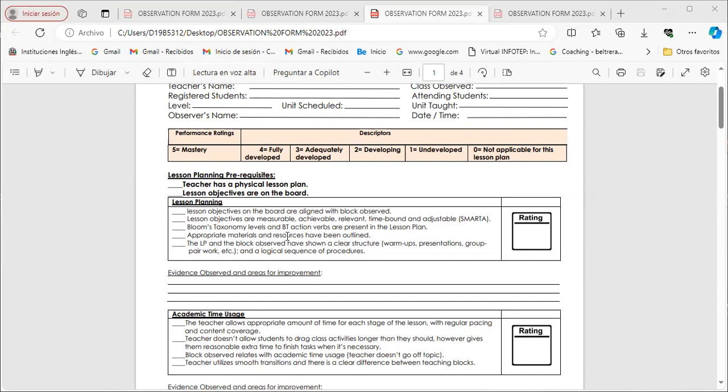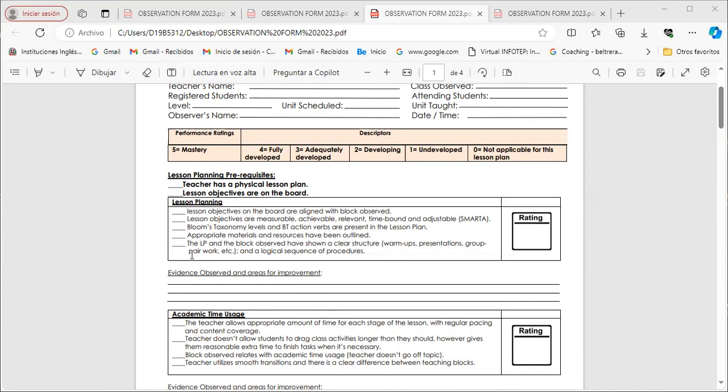Appropriate materials and resources have been outlined. The lesson plan and the block observed have shown clear structure: warm-ups, presentations, group and pair work, and a logical sequence of procedures. In this page, you're going to write down the evidence observed.